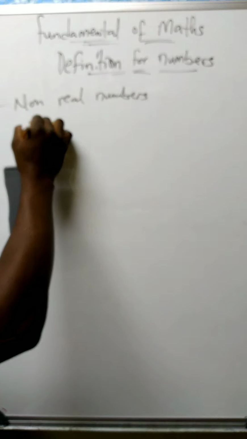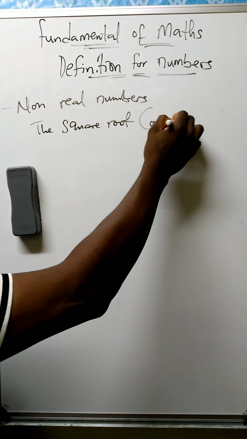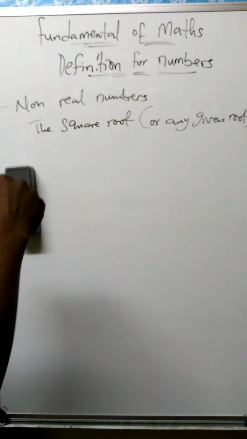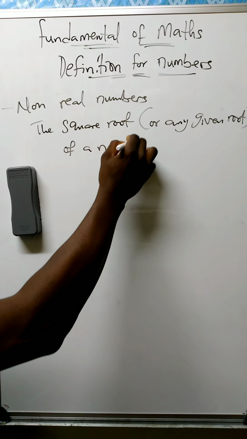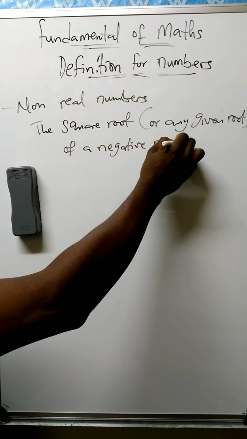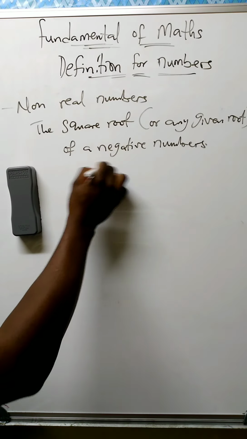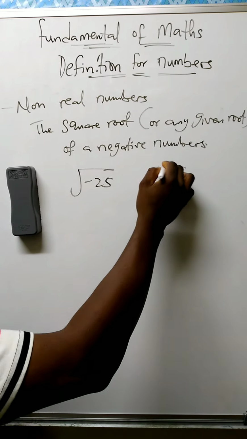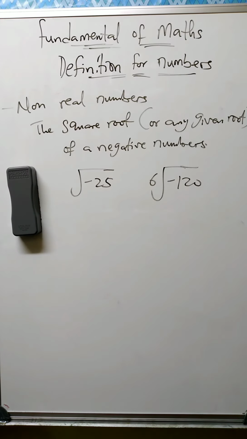Yes, the square root, or any given root of any given negative number. All right, so these are non-real numbers. For instance, an example of non-real: square root of minus 25, sixth root of minus 120. These are non-real numbers.